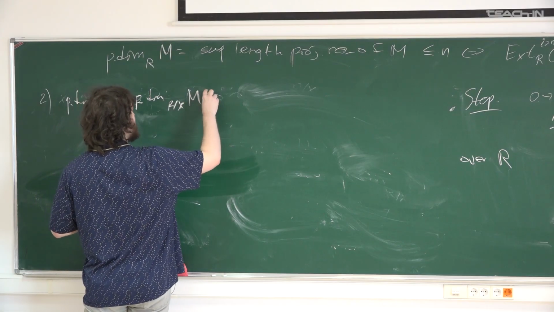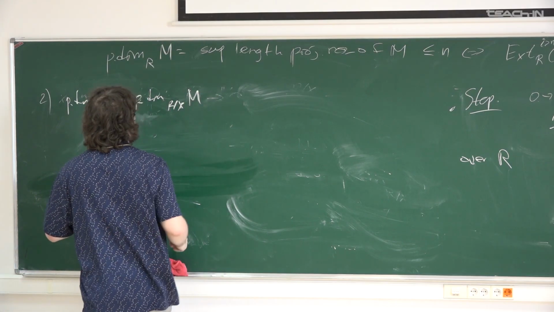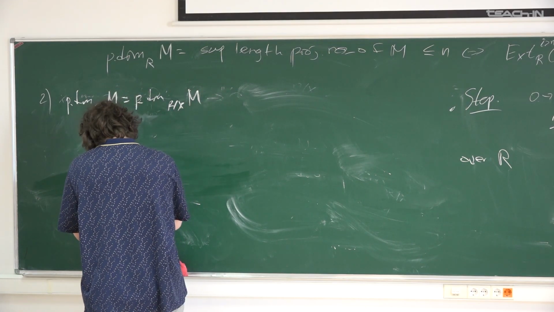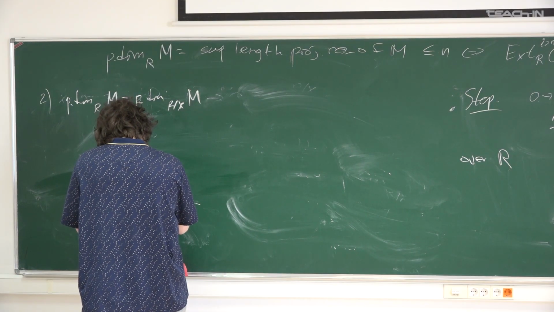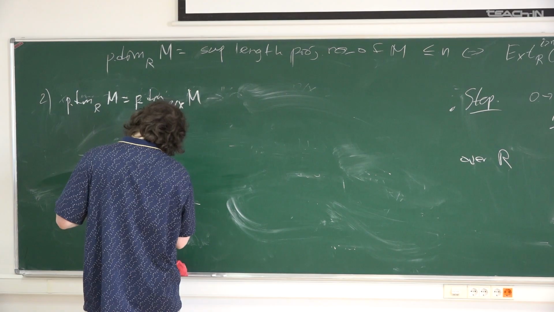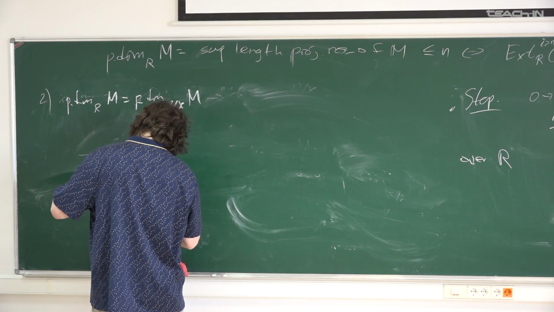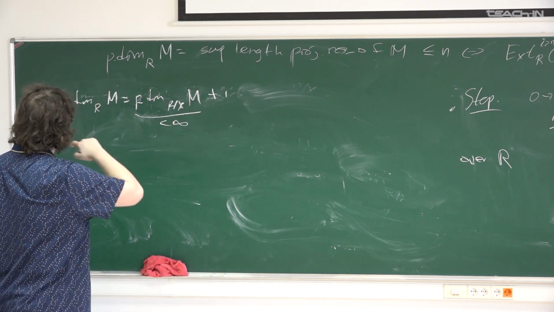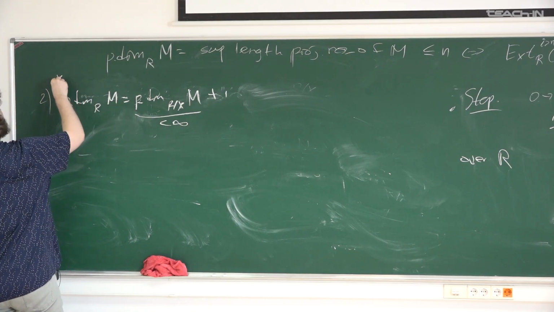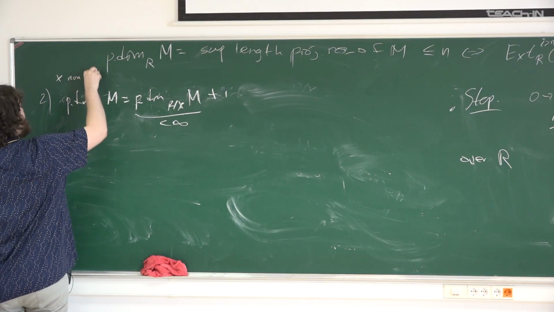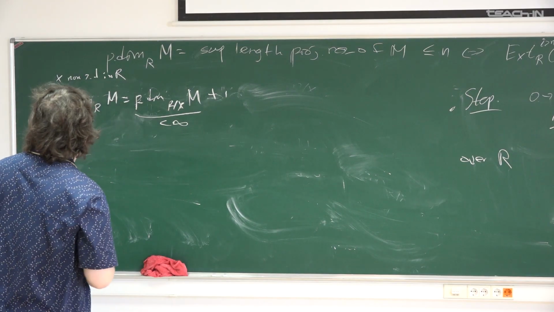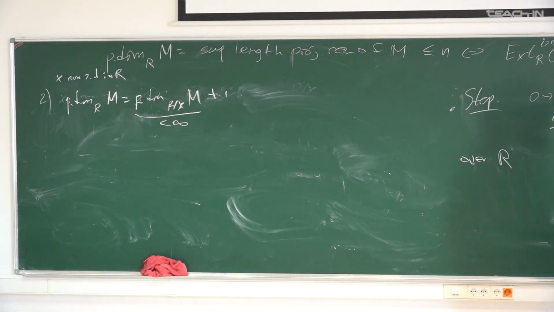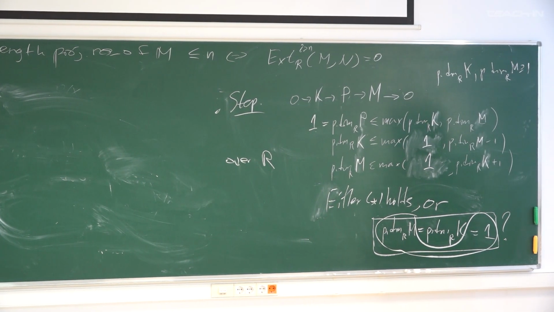We need this equality, plus 1 if it's finite and this is not a zero divisor in R. Yes, sorry, the last step. From these inequalities we obtain these equalities.